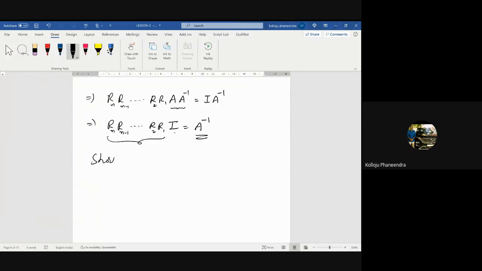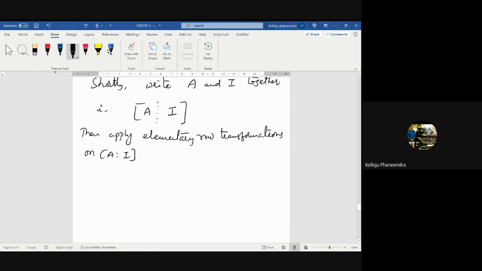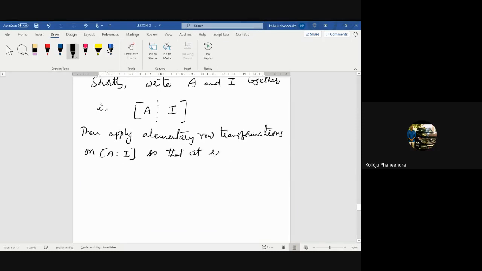Shortly, write A and I together, that is A, put a dotted line, I. This is called the augmented matrix, meaning something is added, A I. Then apply elementary row transformations on A I, so that it reduces to what?